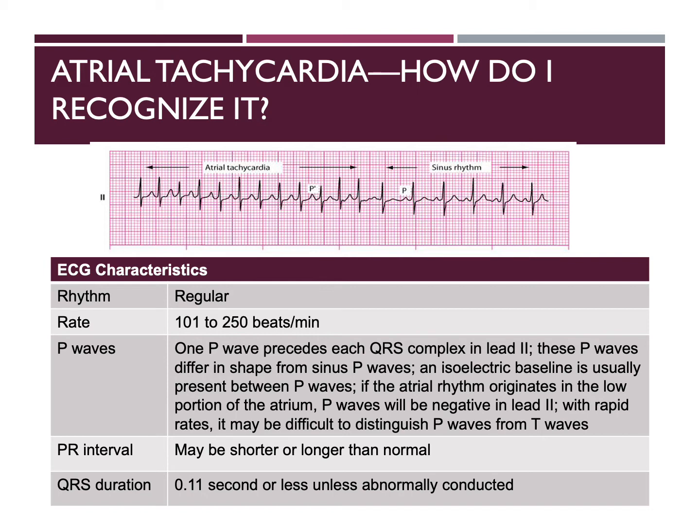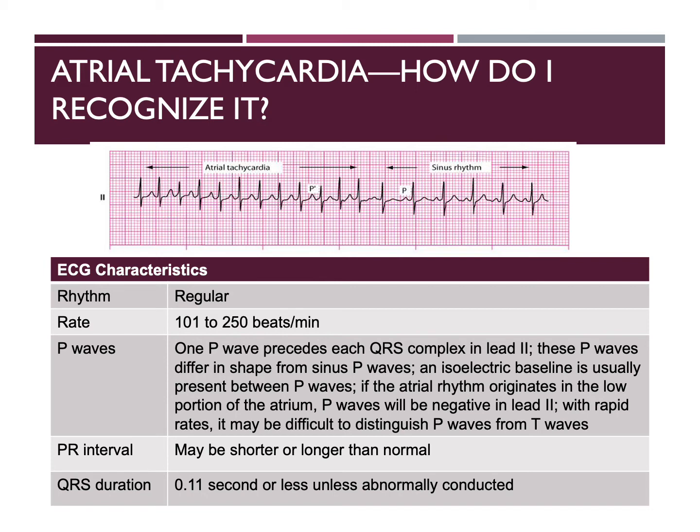If the atrial rhythm originates in the low portion of the atrium, we may notice that the P wave is negative. We may even have a difficult time distinguishing between the P wave and the T wave because of that rapid pulse as well. Our PR interval may be shorter or longer than normal, just depending. And our QRS duration is going to be the same as we've talked about.